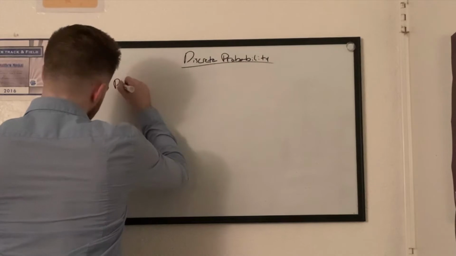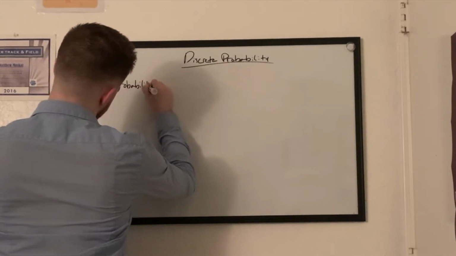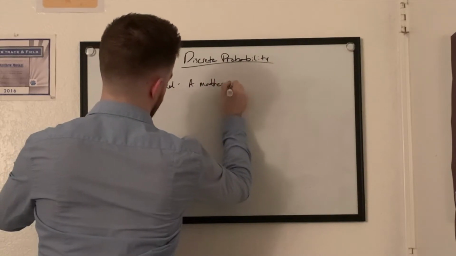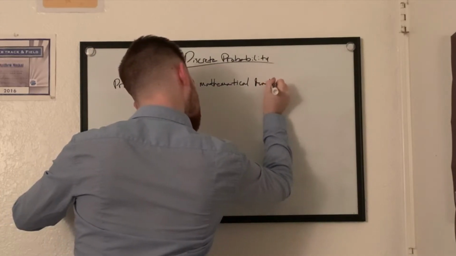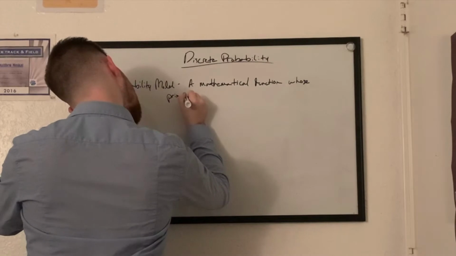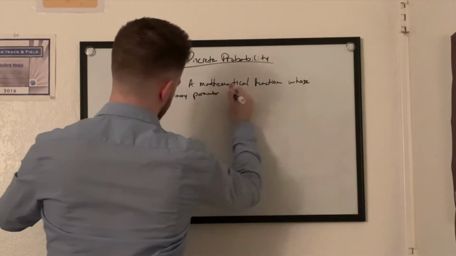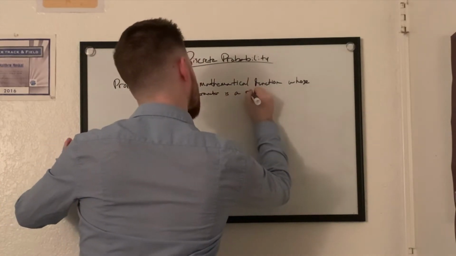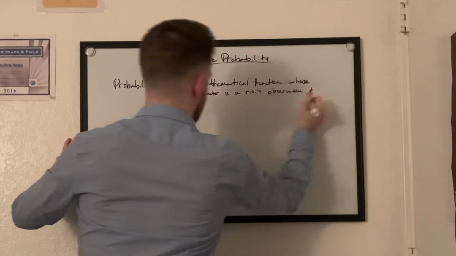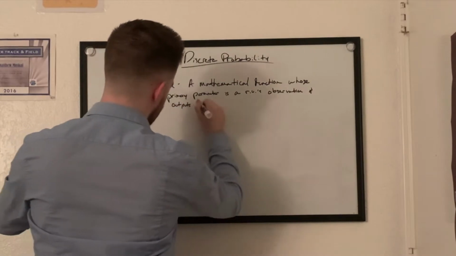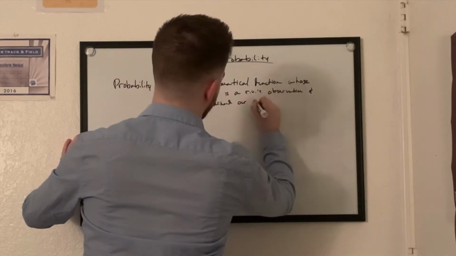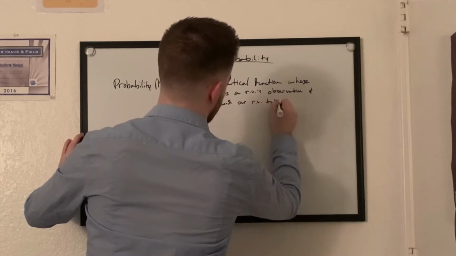So, a probability model is a mathematical function whose primary parameter is a random variable's observation and outputs the likelihood our random variable takes on some value.